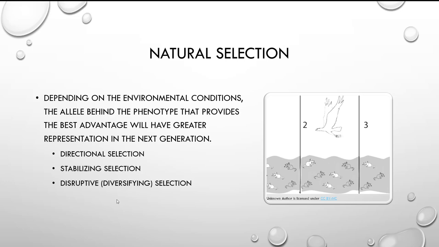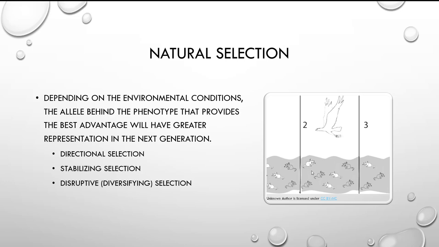For example, you can see here a picture of some mice, and the ones that blend into the surroundings will probably survive longer than the ones that stick out. The bird of prey here, the hawk, will pick off the ones that stick out, like the little white ones, making them easy targets for the hawk.